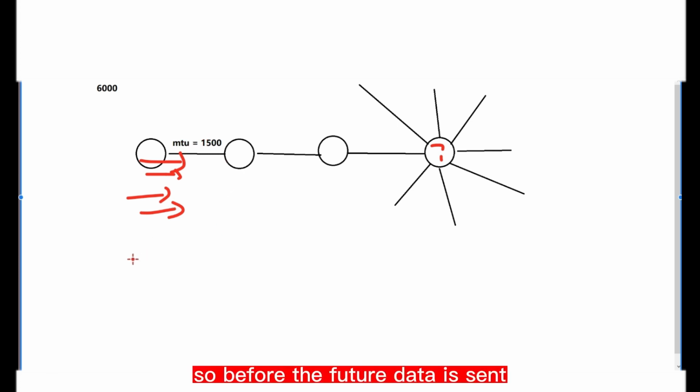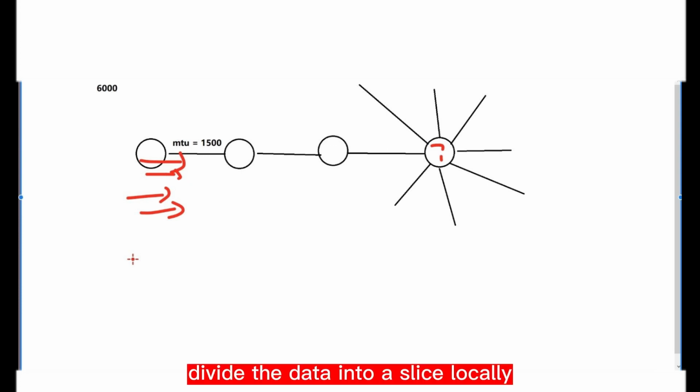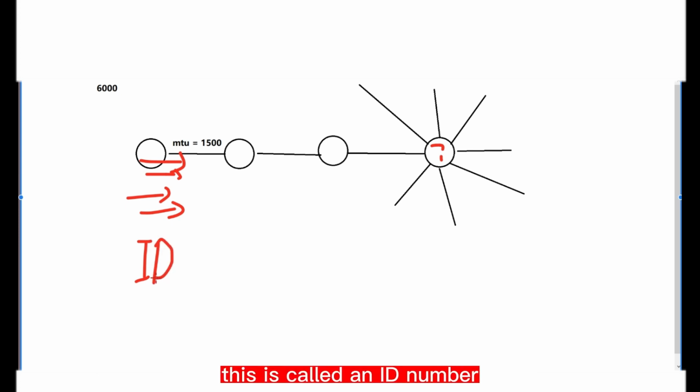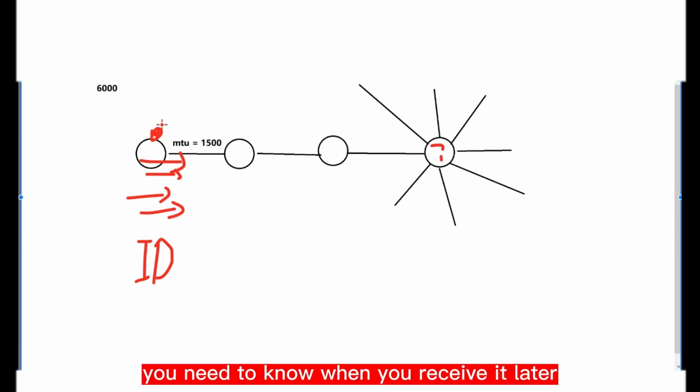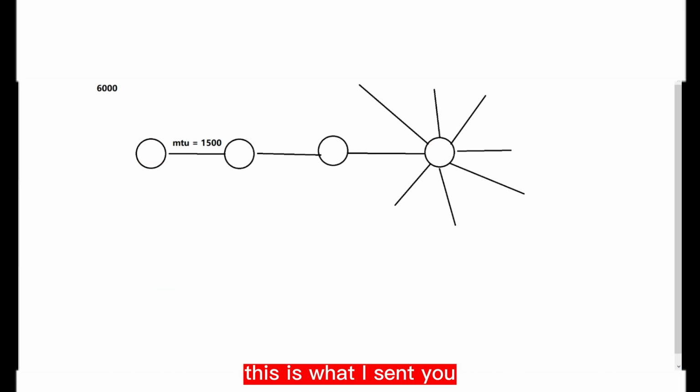So before the data is sent, we divide the data into slices locally and add the same ID to each slice after sharding. This is called an ID number, equivalent to adding an identity. Let's say we add an ID of 100 to all 4 slices. It represents that my device produced a set of sliced data, so when you receive it later you need to know this is what I sent you, divided.